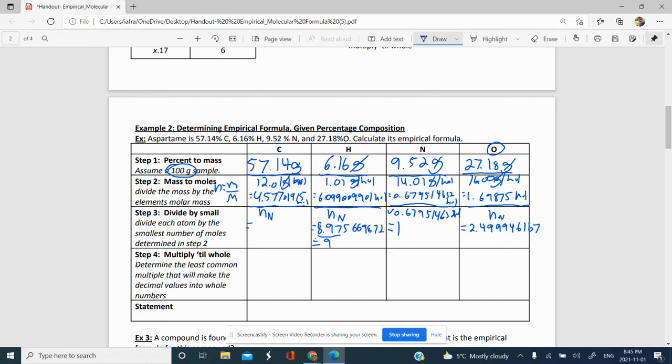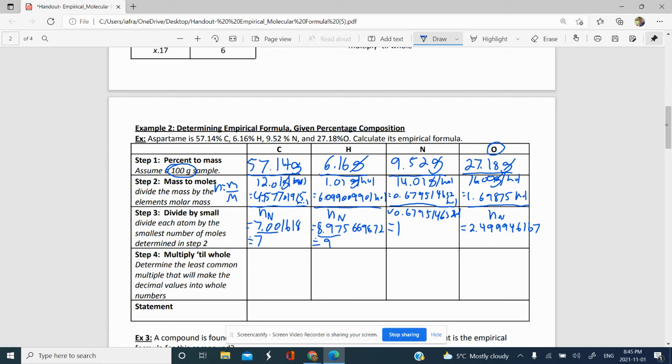Let me go back and retry that. So we had 57.14 divided by 12.01. That's why. I forgot a 7 over here. So my answer seemed a little bit off. 4.75771915. So now let's retry that. Divided by 0.679514632. And I get 7.001618, etc., etc. And this one I can round to 7 because it's within our little rounding region.